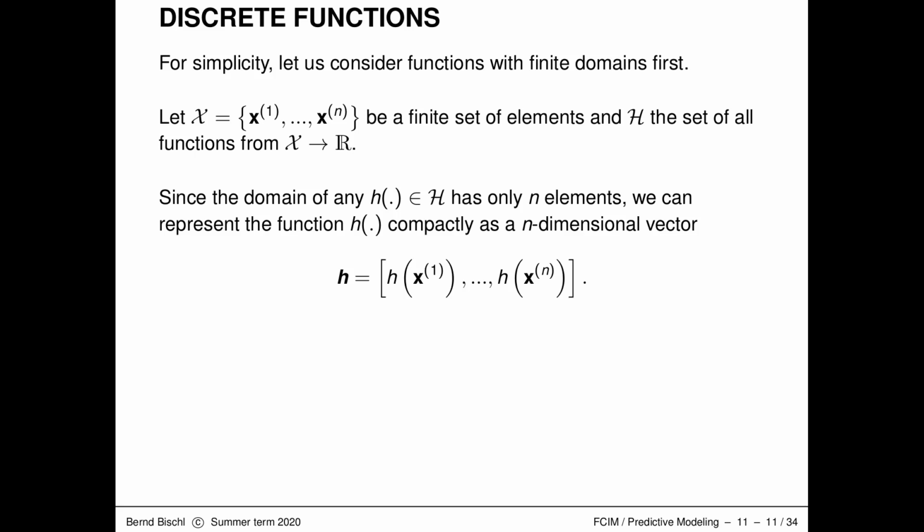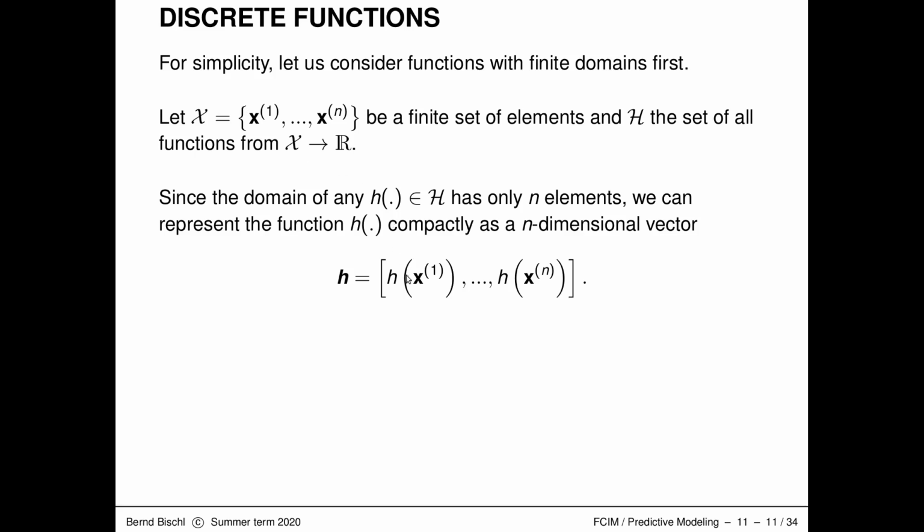So in a certain sense, vectors and functions with finite domains are completely the same thing, and they actually are from a mathematical viewpoint. I can compactly write them like this. I have my finite set of domain points x1 to xn, and there's a reason why I'm writing them like they look like observations for a training set for a machine learning model.